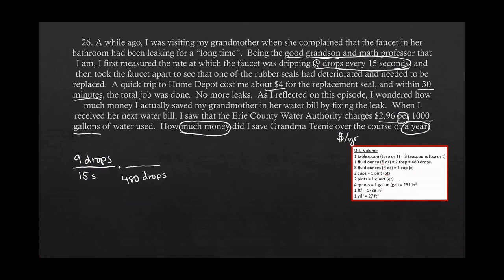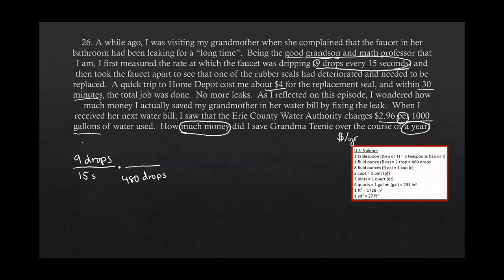If I did the tablespoons, if I look on the chart, tablespoons would then lead me to teaspoons using the one above it. Okay. If I went to fluid ounces, if I go down, I can see that fluid ounces will lead to cups, and then pints, and then quarts, and then gallons, which is going to be more useful to us here because the cost of the water is given per gallon.